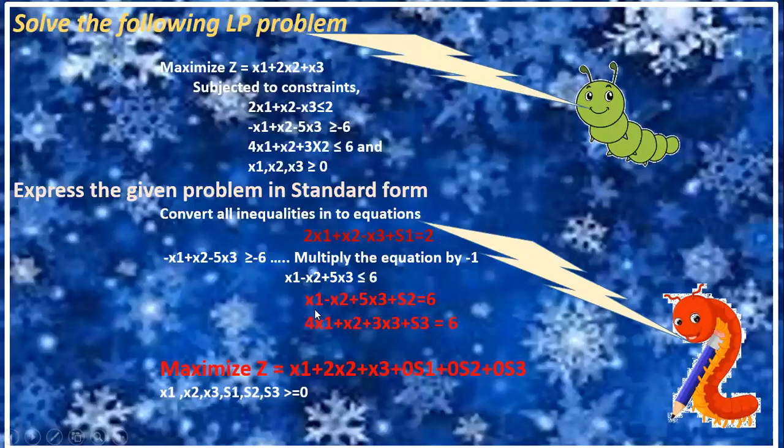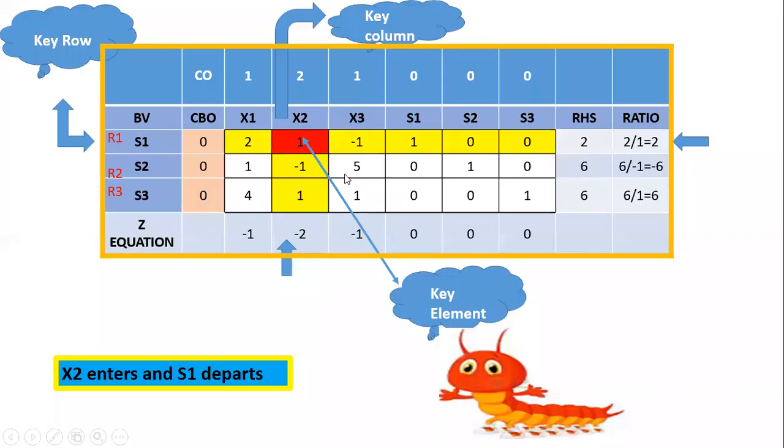Similarly, in the second equation the coefficient of x1 is 1, x2 is minus 1, x3 is 5, s1 is 0, s2 is 1 and s3 is 0, and the constant is 6. For the third equation it is 4, 1, 3, 0, 0, 1 and the constant is 6. Fill the table.